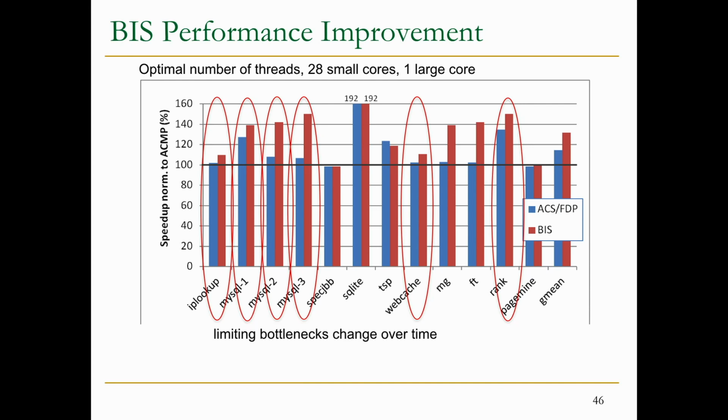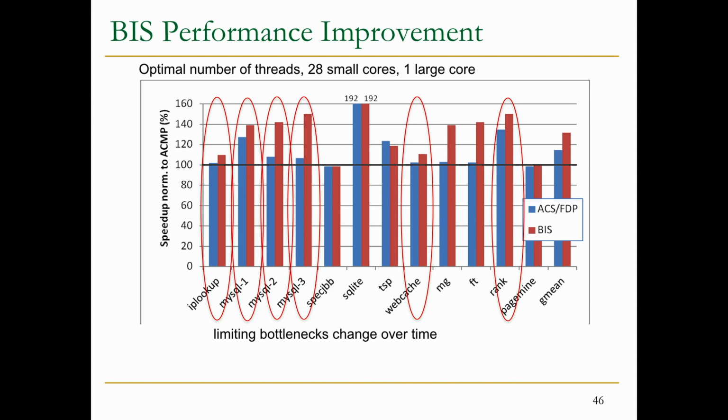This is because limiting bottlenecks change over time, and you're more careful in terms of what you're accelerating, whereas accelerated critical section is not very careful. It's getting performance, similar to what you've seen in the earlier results, MySQL. It's getting performance, but it could do a lot better, as you can see, if you're more careful in terms of what you're accelerating.